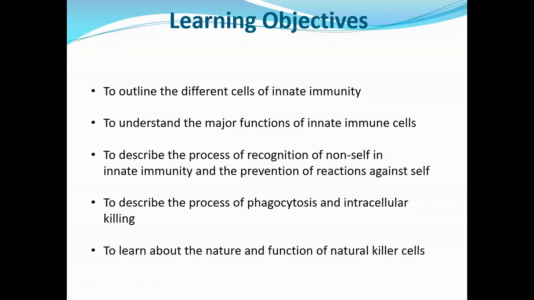And then finally, to talk about this unique set of innate immune cells, which is like a hybrid between adaptive and innate immunity, in that they're important in protecting us against virus infections as well as cancer. These are called natural killer cells.